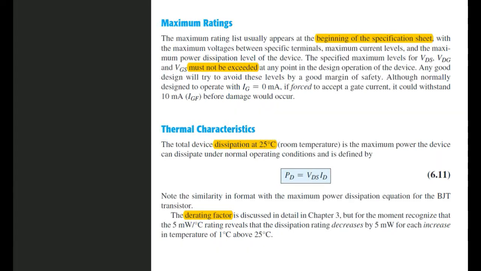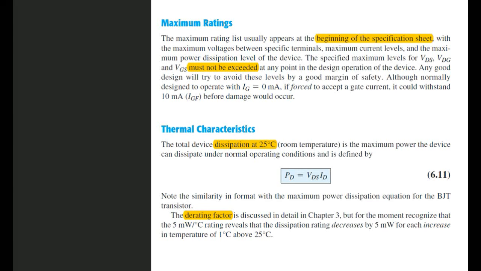Some other things like maximum ratings. The maximum rating list usually appears at the beginning of the specification sheet like this. So you have to clearly act upon the maximum ratings.